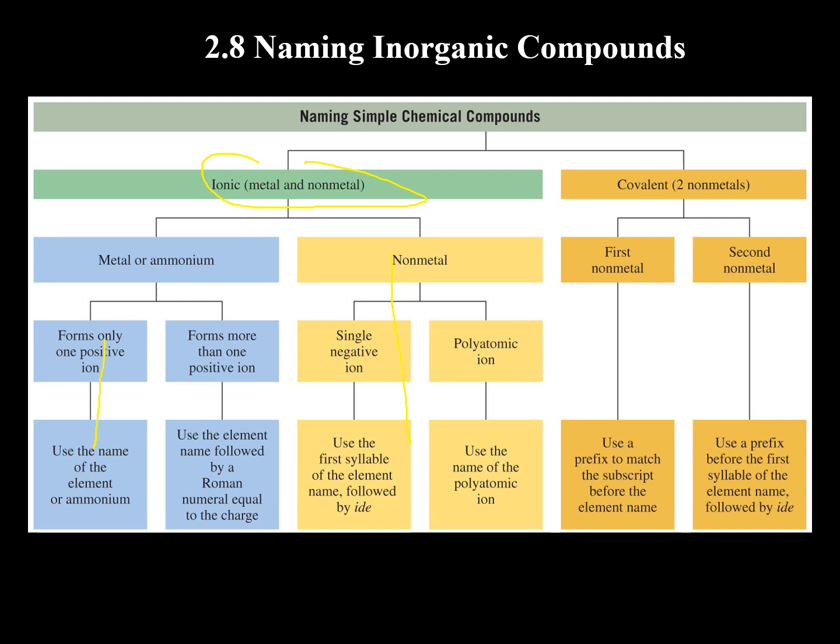And what I just spoke about, when we have 2 nonmetals, the first nonmetal will keep its name, the second nonmetal will become ide. Carbon dioxide, dihydrogen monoxide.